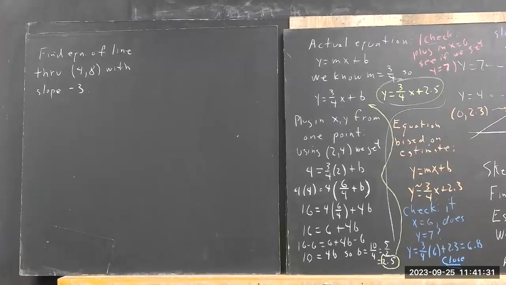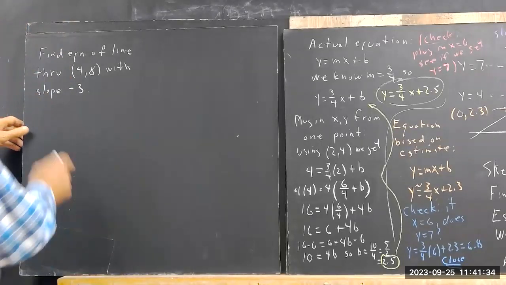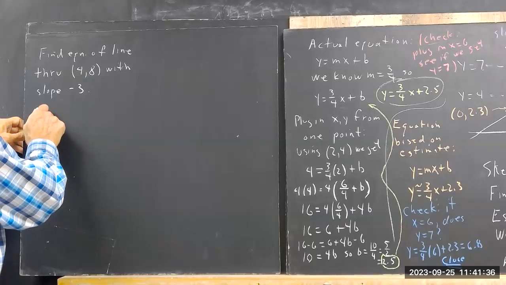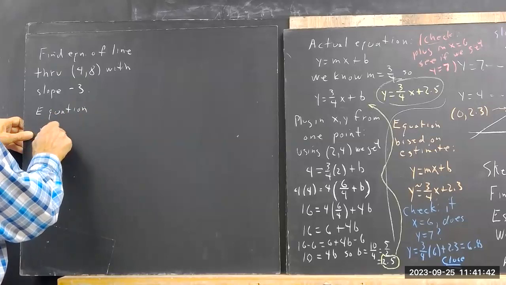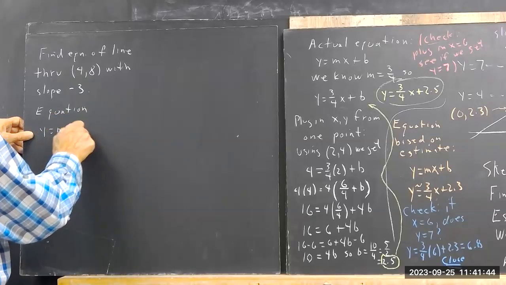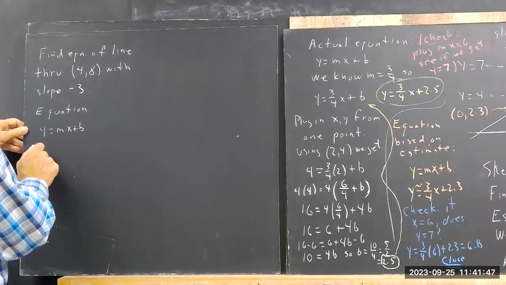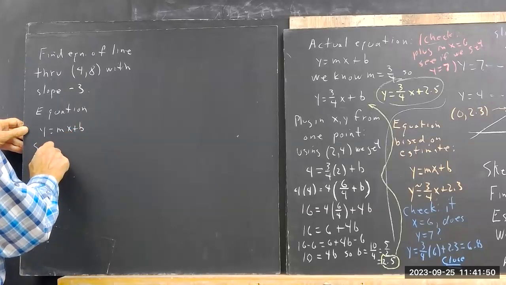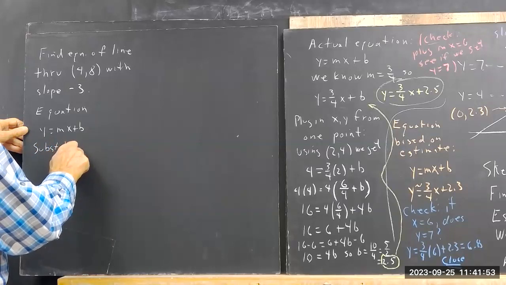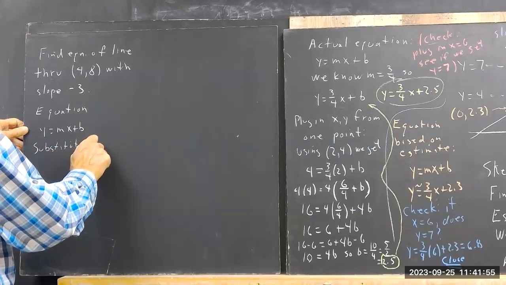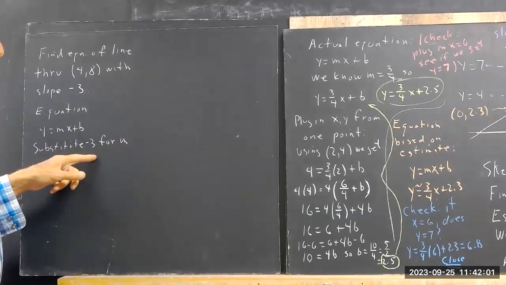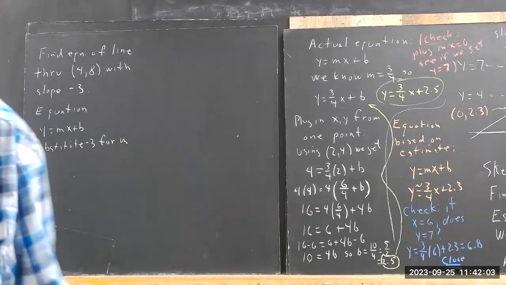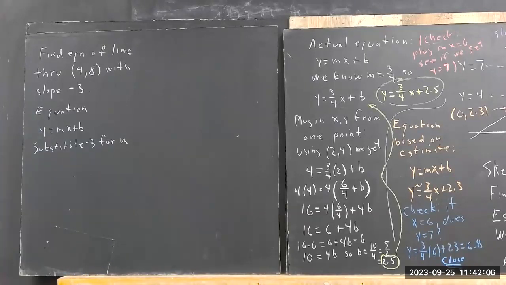Okay, now the process now is very straightforward. We substitute -3 for m.